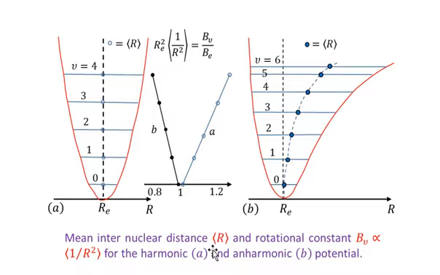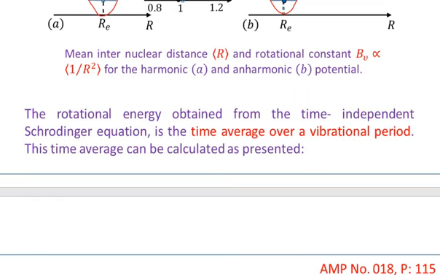Mean internuclear distance, the average of capital R, and the rotational constant B, proportional to the average of 1 over R squared. These two quantities are shown for the harmonic and the anharmonic oscillators, shown on the left and the right of the figure.